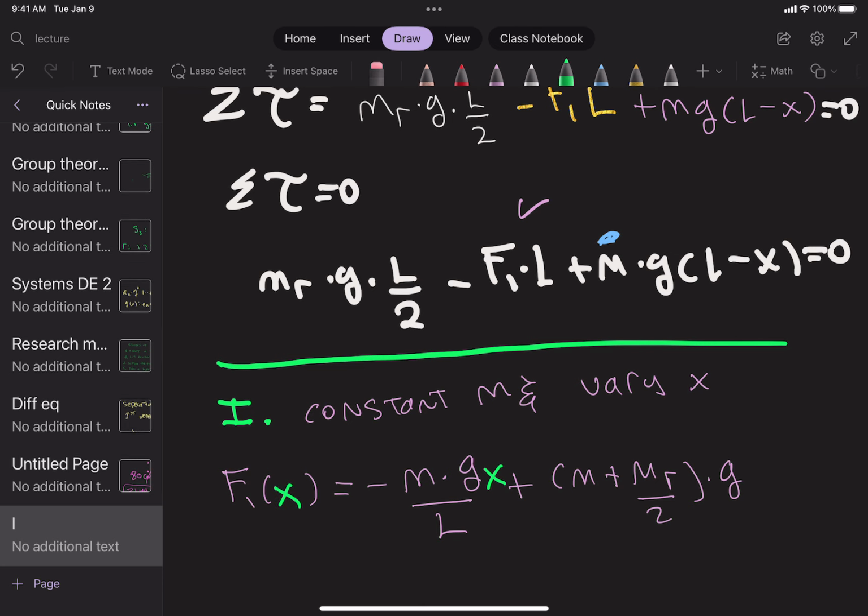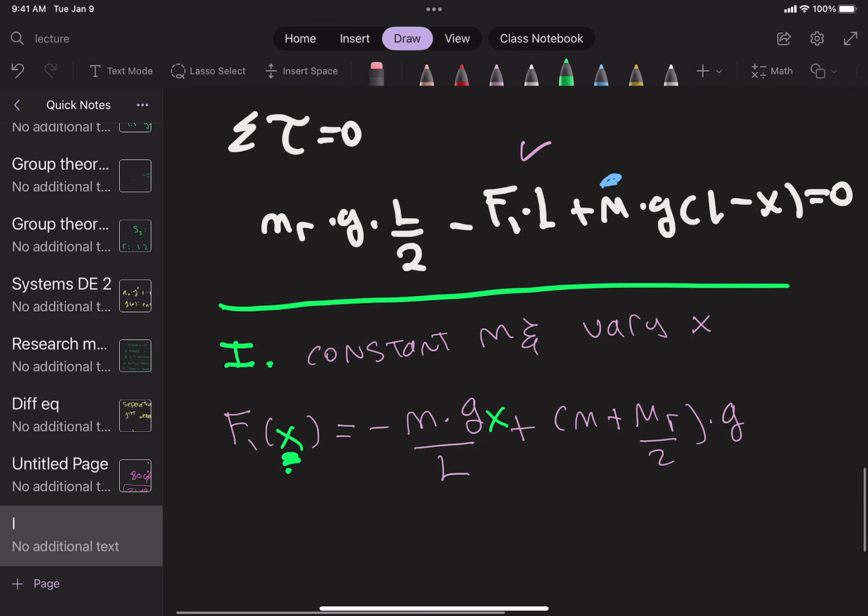So in this part 1, you're going to vary x, and you're going to remeasure the corresponding force.